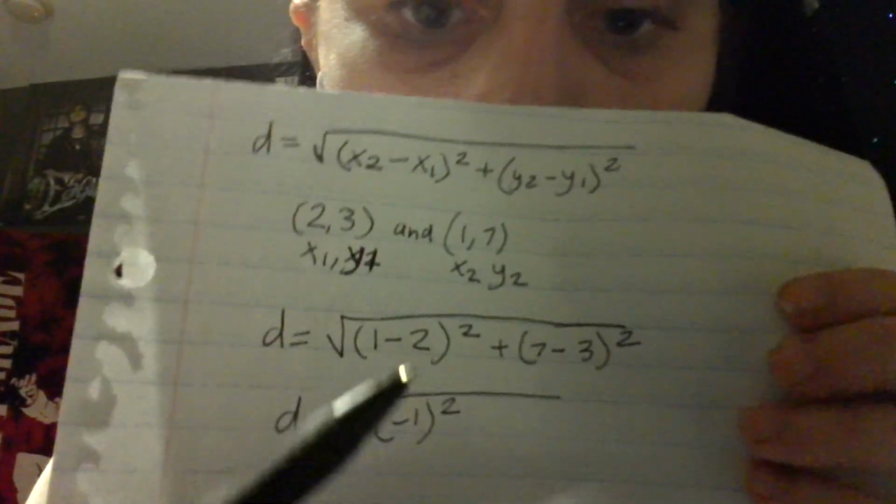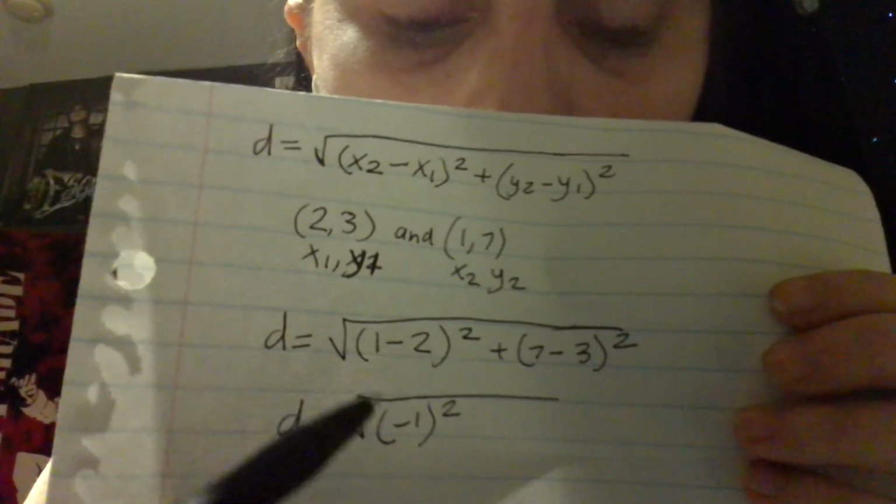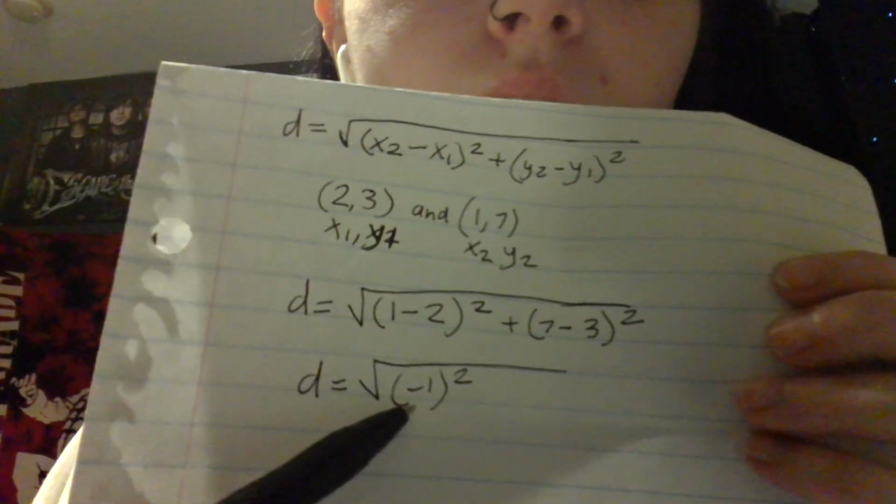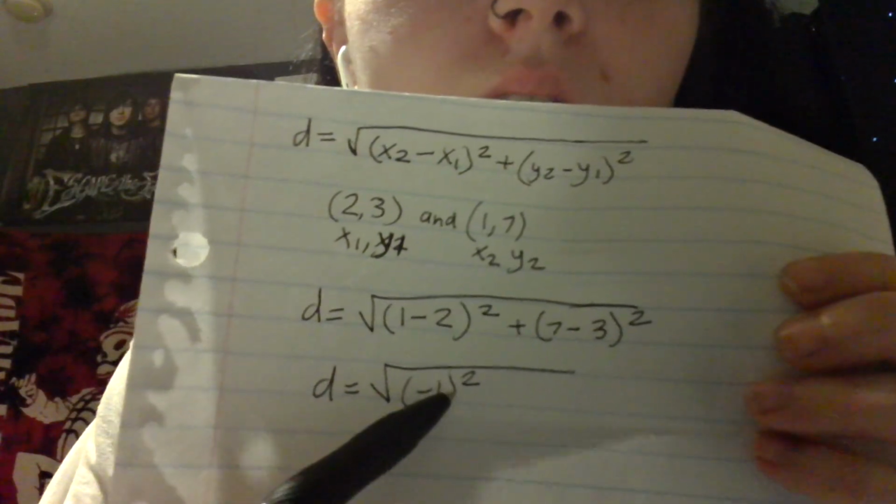As you can see, this turned into this because we did 1 minus 2 is -1. Then do the second, and then we're going to do that for here too. So we're going to do 7 minus 3 equals 4. So that's going to be 4 to the second.